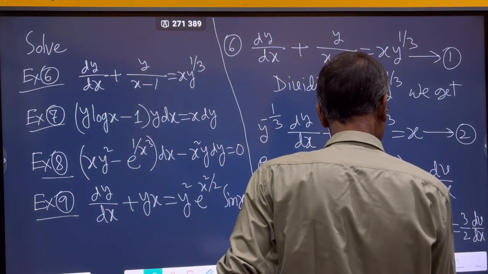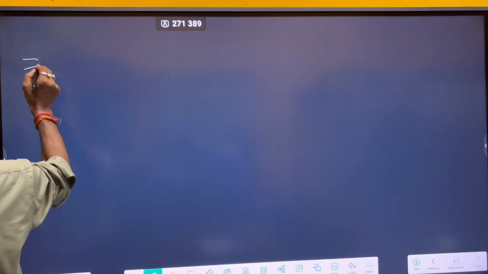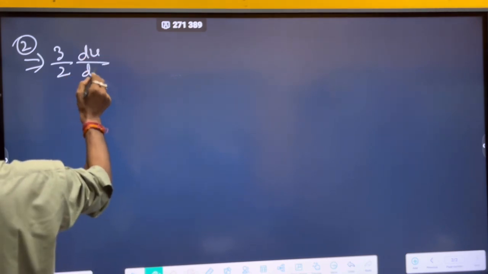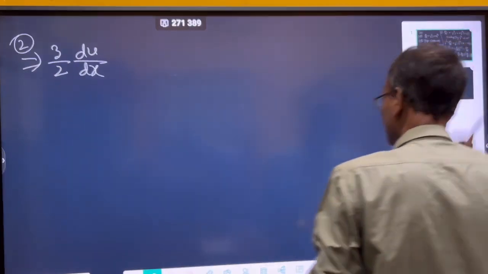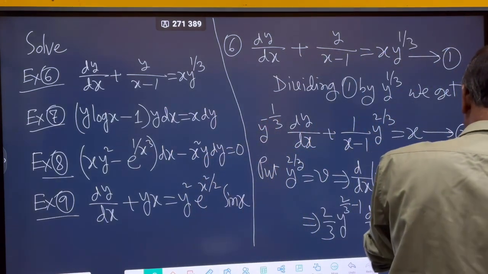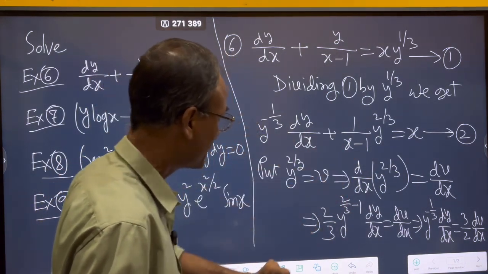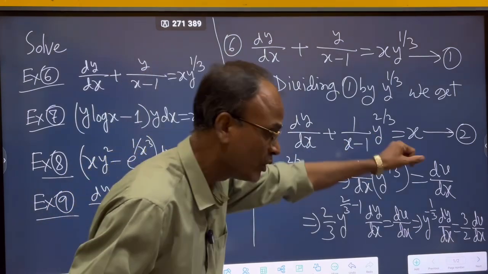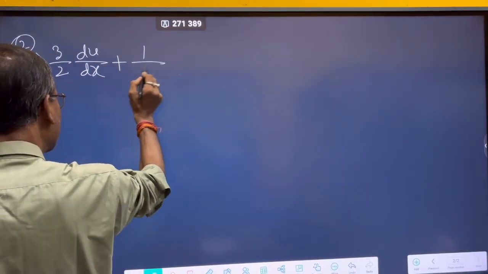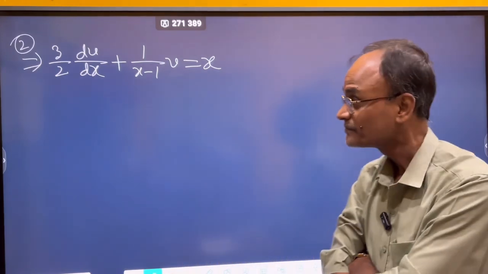So we get 3 by 2 dv by dx plus 1 by (x minus 1) times v equal to x.